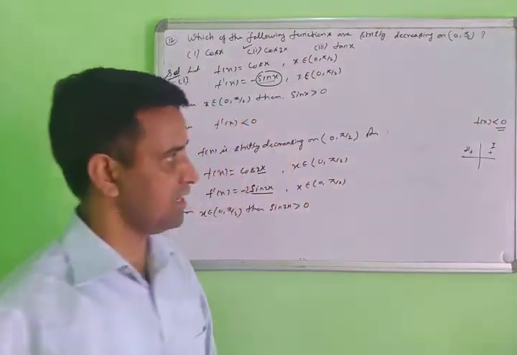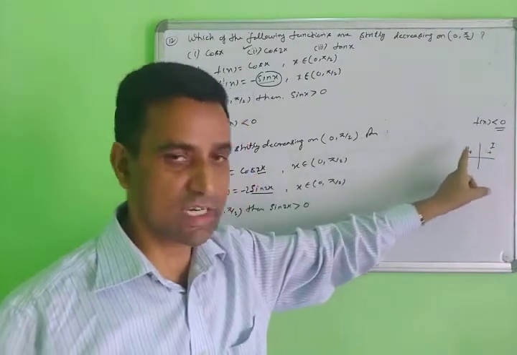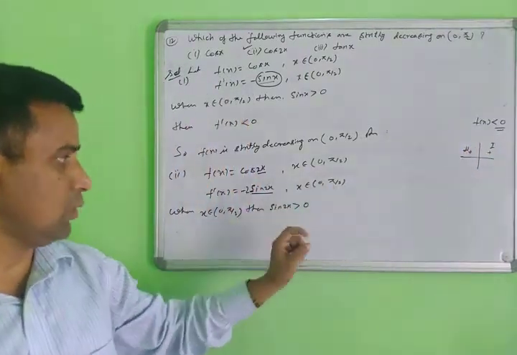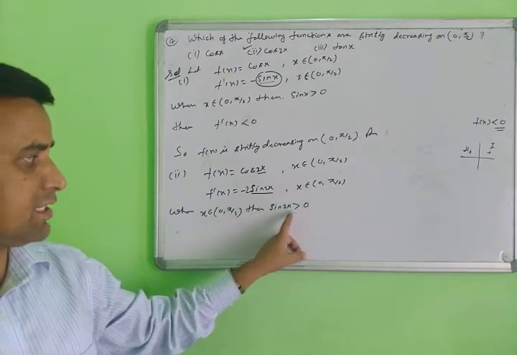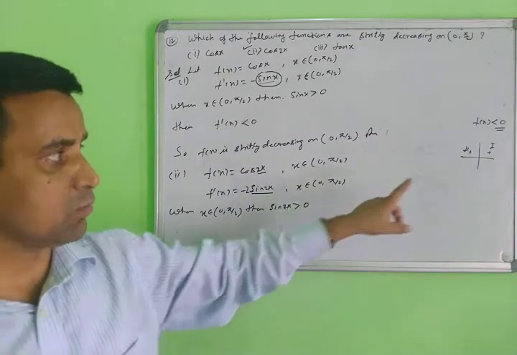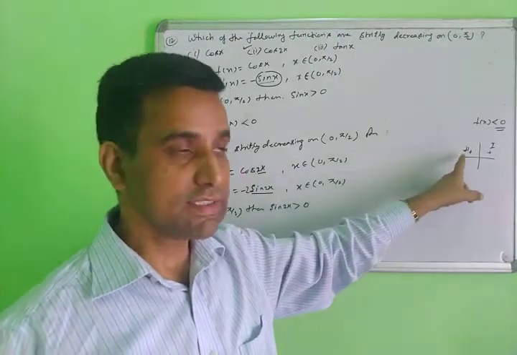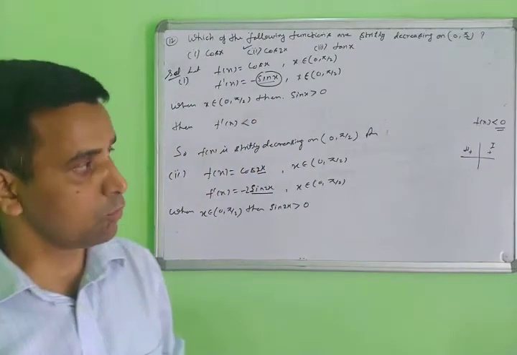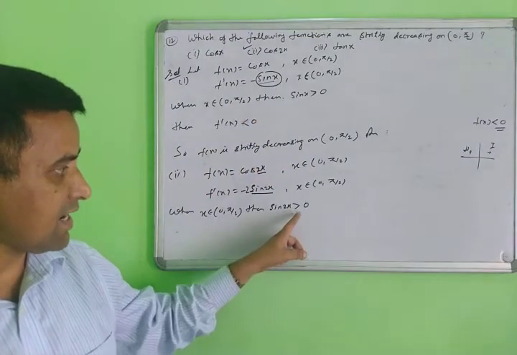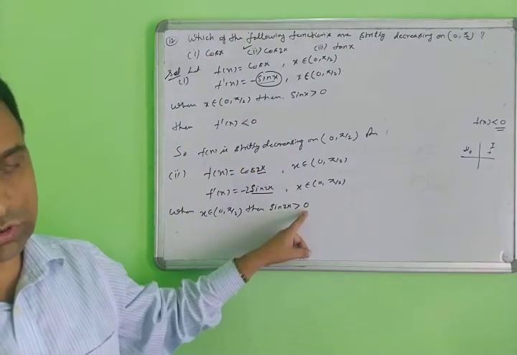Sin is positive in the first and second quadrants. A possible value: 0 to pi by 2, so 2x goes from 0 to pi, say 160 degrees, which comes in the second quadrant. Sin is positive in both, so sin 2x is greater than 0.